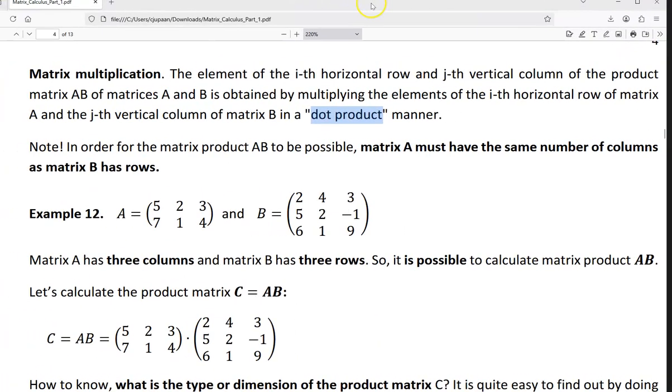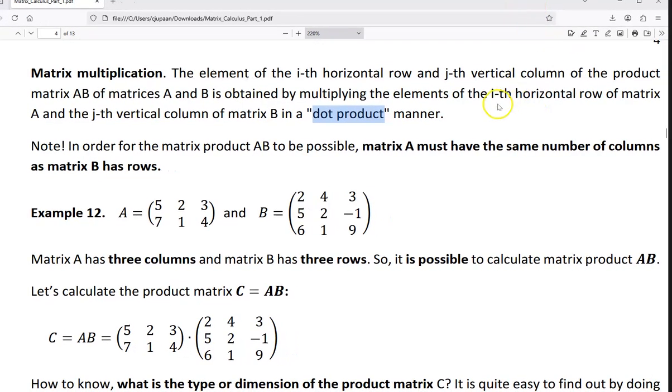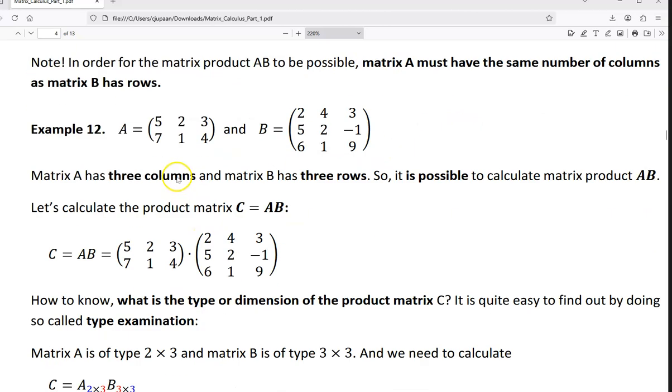Let's see the example again. If we have this kind of example, we have to multiply these matrices A and B. What do we need to find out first? We need to check whether the number of columns in the first matrix is the same as the number of rows in the second matrix.